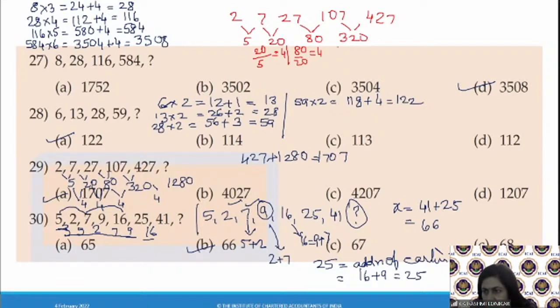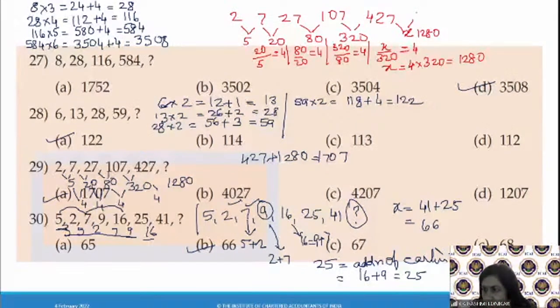Then 320 divided by 80 is 4. Now what number do I have next? X. X divided by 320 should give me 4. So X is equal to 4 into 320. How much is 4 into 320? 1280. Okay. So this number is 1280.